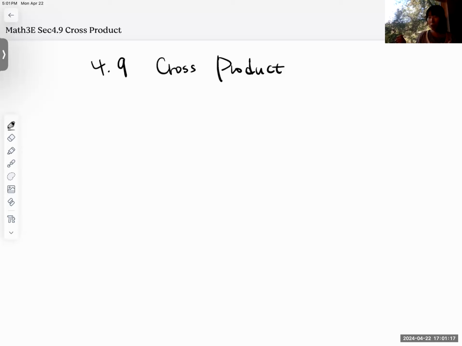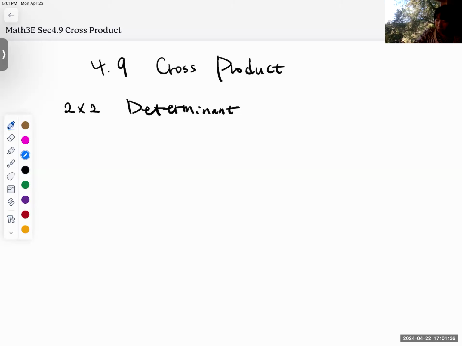Okay, 4.9 cross product. So we had a determinant last time, right? So 2 by 2 determinant. We knew that the first one is row, and the second one is column.